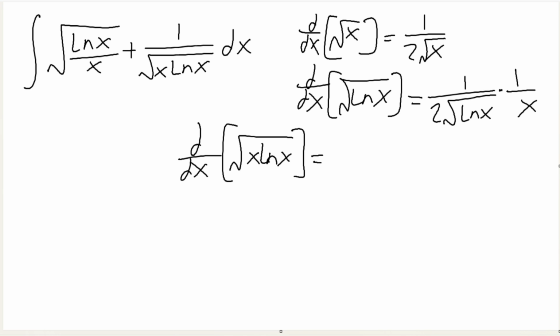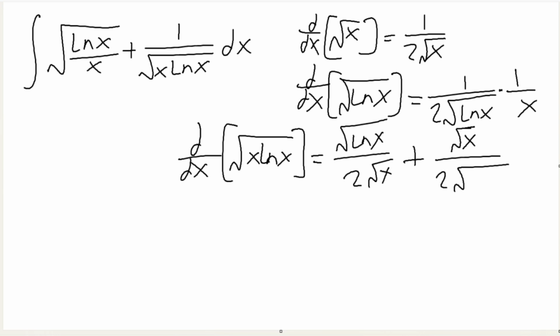Well, let's find out. So then, let's see, we got square root of x. That's 2 root x. And then square root of x. Now we're deriving square root of ln of x, which would be 2 root ln of x here, times 1 over x, because chain rule. Huh. Oh, would you look at this? That's exactly what we have here.